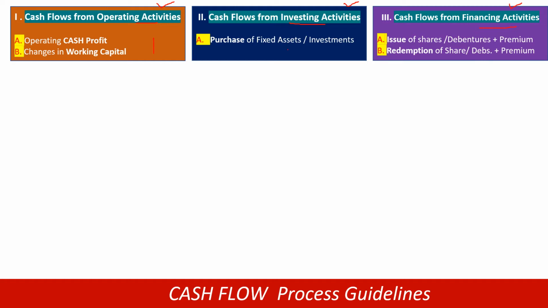Under investing activities, you show us cash flow resulting from fixed assets and investments. Under financing activities, show us regarding debt and equity and premium on issue or premium on redemption. Therefore, our final output has to be a combination of these three, duly segregated and refined.